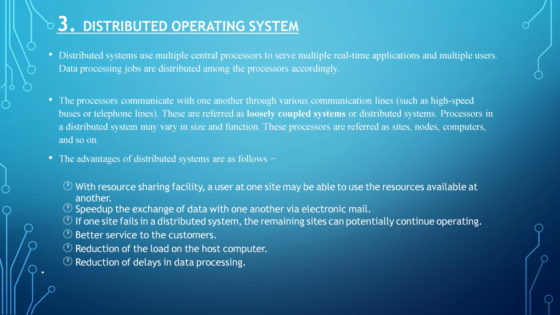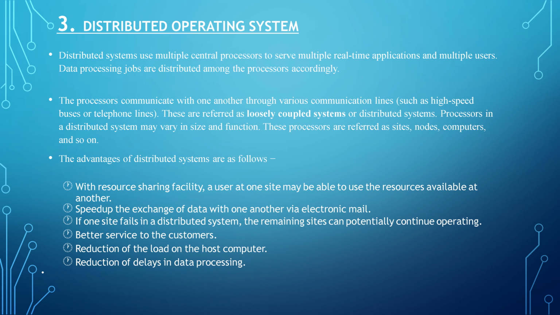The advantages of distributed system are as follows. With resource sharing facility, a user at one site may be able to use the resources available at another. Number 2, it speeds up the exchange of data with one another via electronic mail.